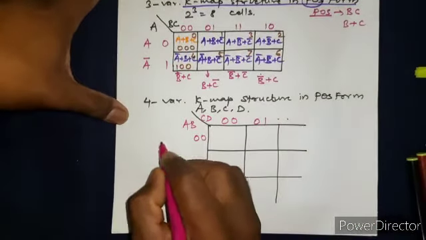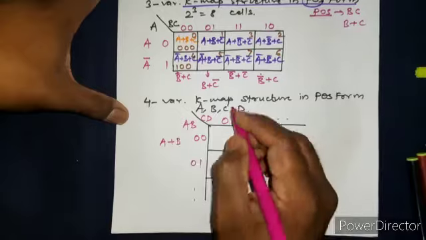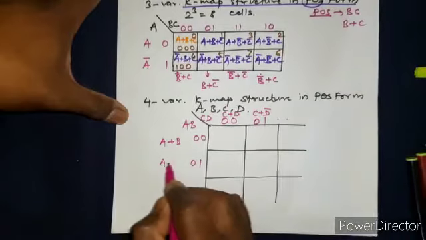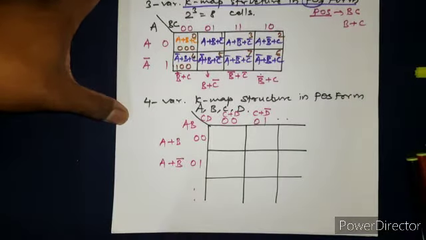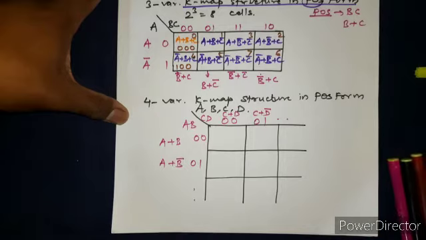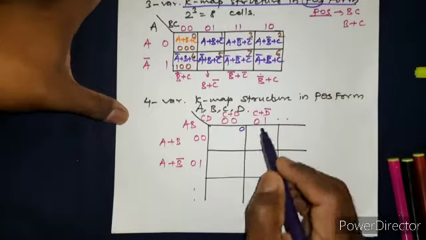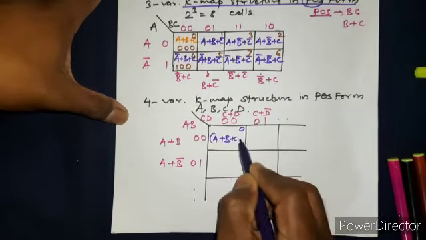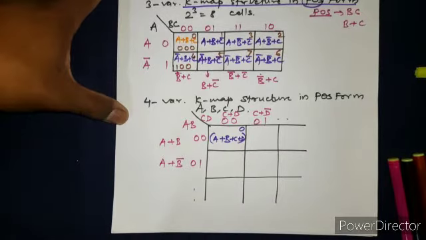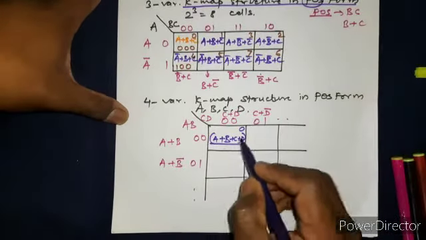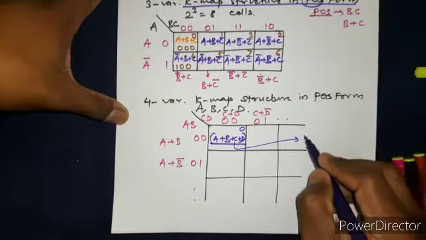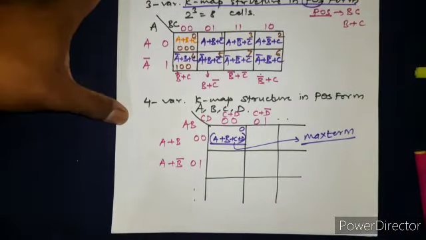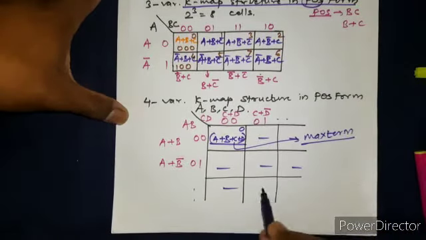So this becomes A plus B, this is C plus D, this is C plus D bar, and this is A plus B bar. So this cell is the 0th cell and is represented by A plus B plus C plus D. As far as POS is concerned, this term is called a max term, if you remember. Now you can go on completing this max term table here.